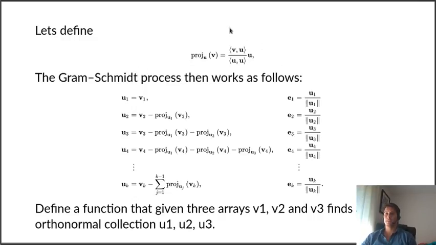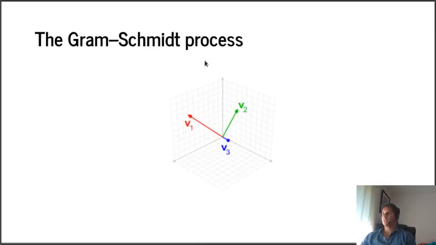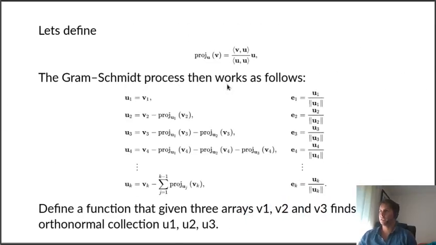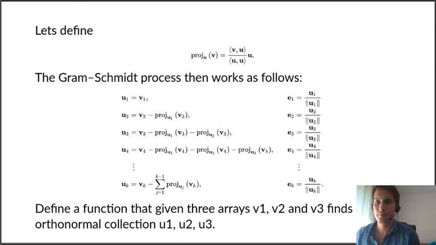This operation here is defined as the projection of the vector v onto u. In our little drawing, or let me use the pencil here to show you. I'll change the window here. Okay, so what's the projection?